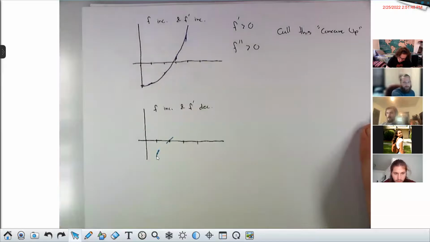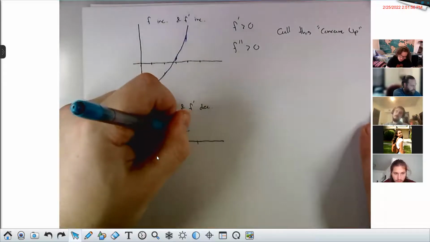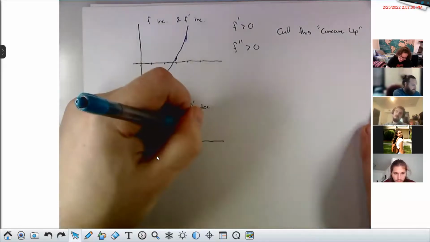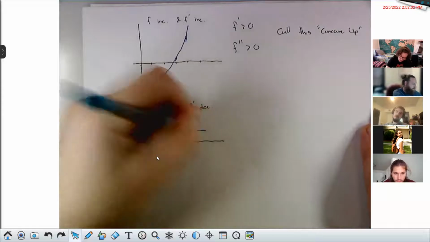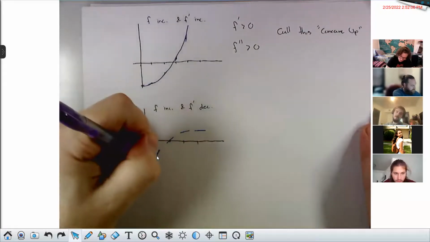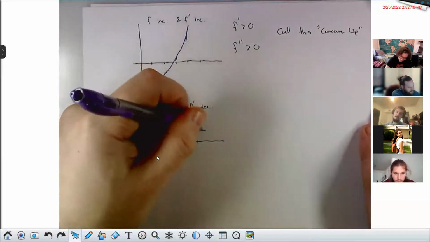That's also a positive tangent slope, but the slope has decreased a little bit. Here's another positive tangent slope, but again, the slope is decreasing. Here's another positive tangent slope, but again, the slope is decreasing. And what you see is a shape something like this.